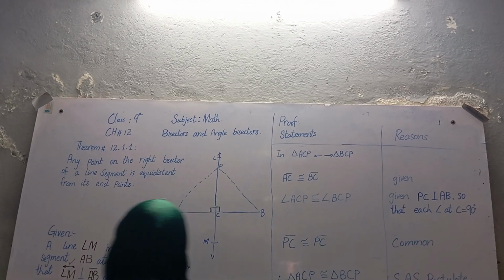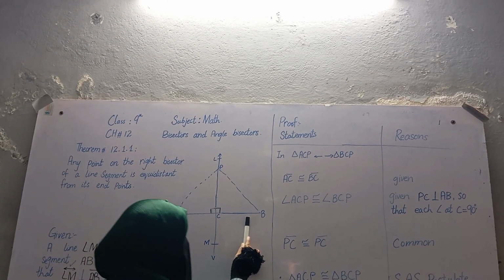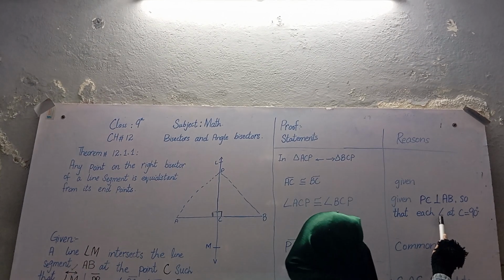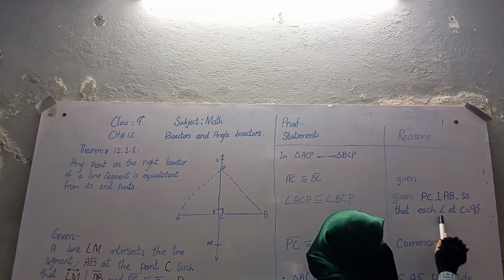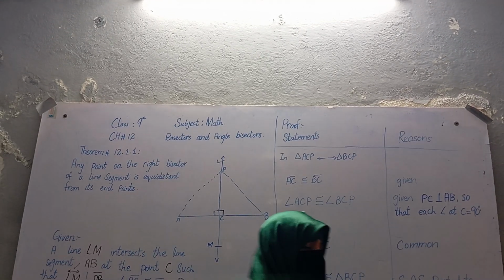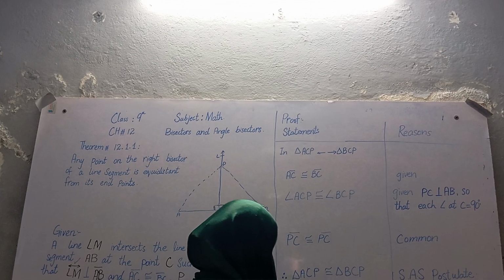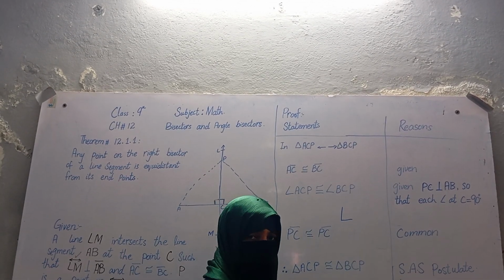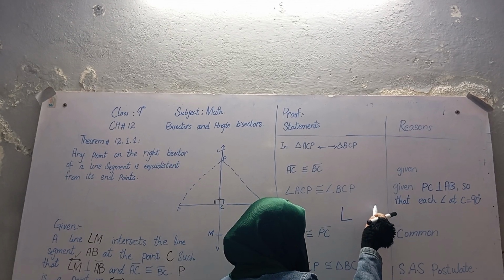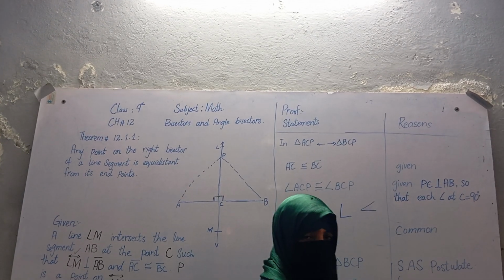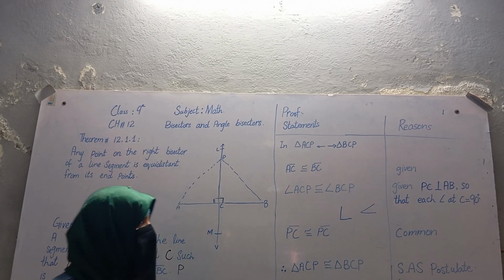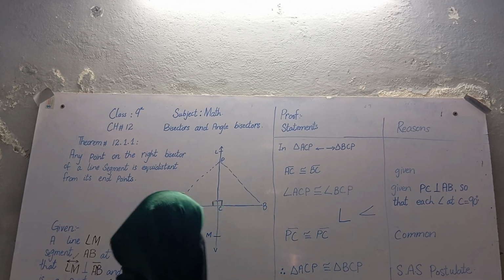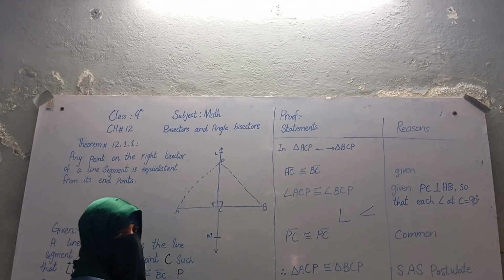You can see that PC is perpendicular to line segment AB, so each angle at C is equal to 90 degrees. This shows the 90 degrees.